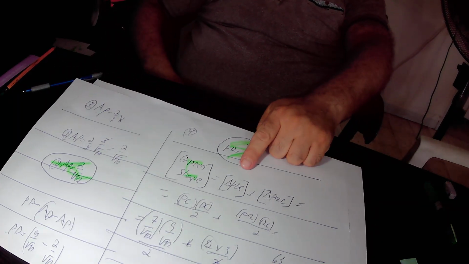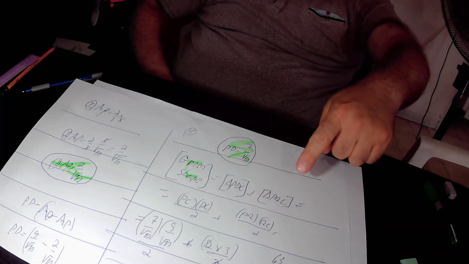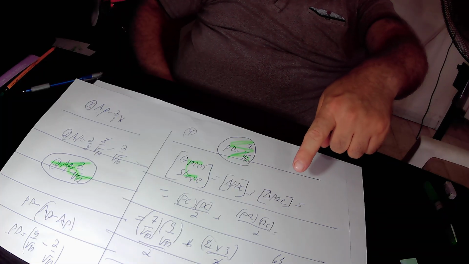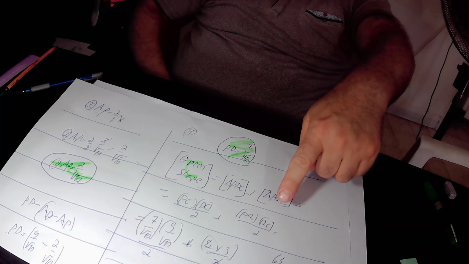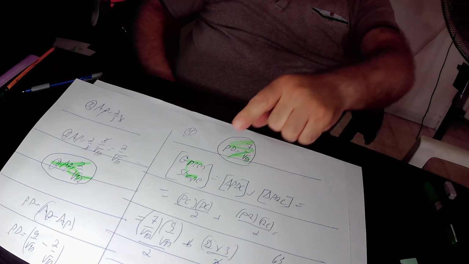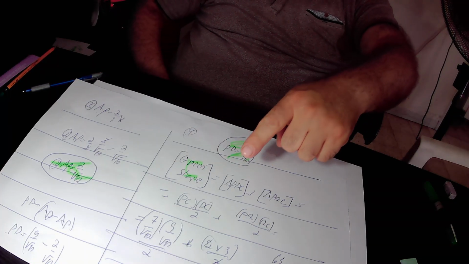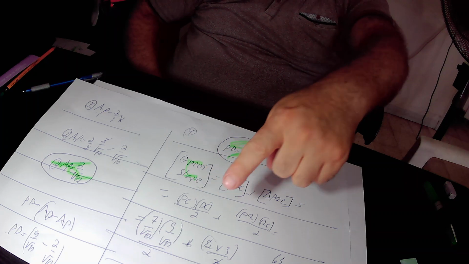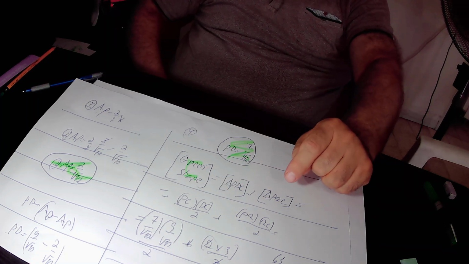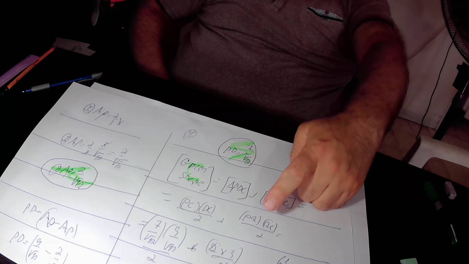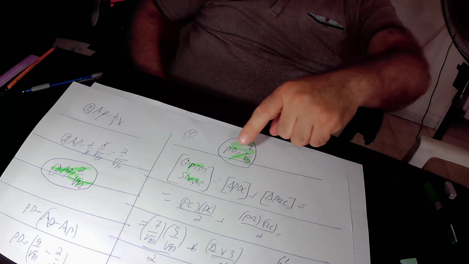Again, the area of the right triangle PQC equals PQ times QC over 2. PD is 7 over the square root of 10, DC is 9 over the square root of 10, divided by 2. PQ is 2, QC is 3, divided by 2.